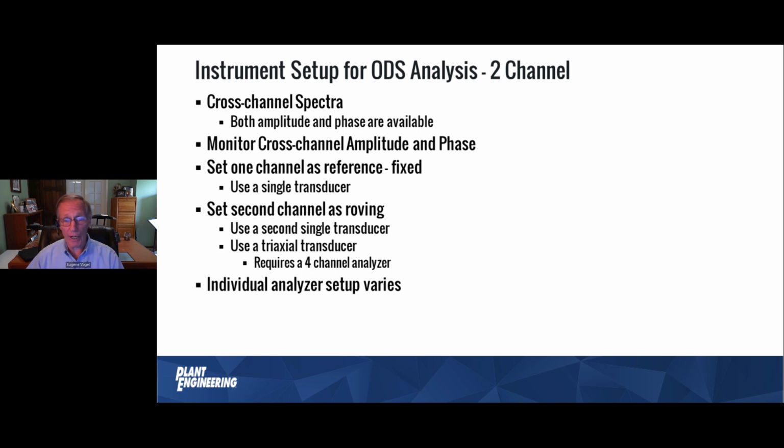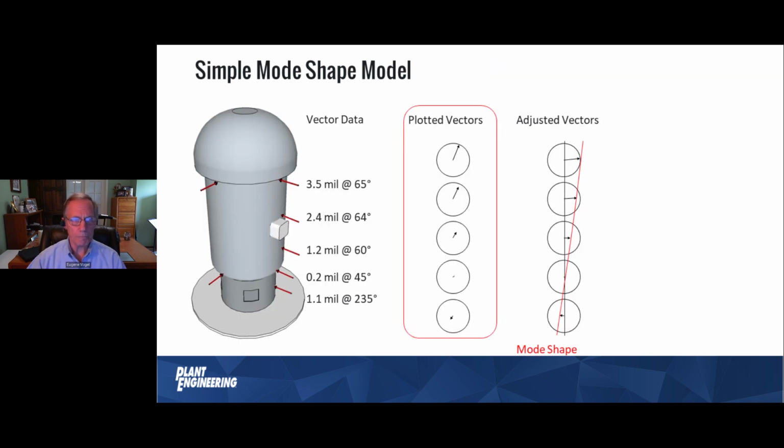So with a four-channel analyzer, you can use a triax and still do your cross-channel information. The setup on the individual analyzers varies a lot from multi-channel analyzers, so you would need to reference your operations manual for that instrument and see how to set up to do that.